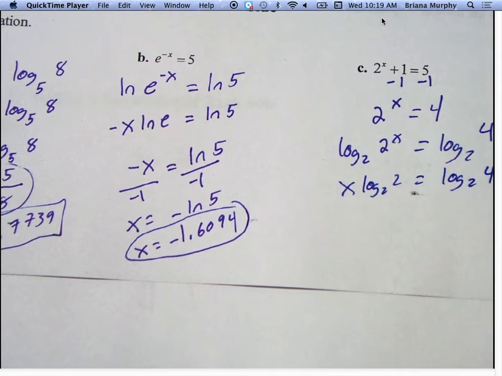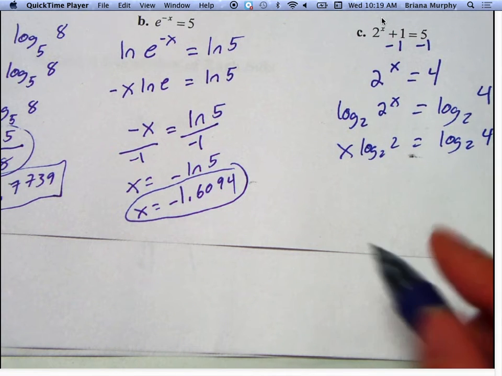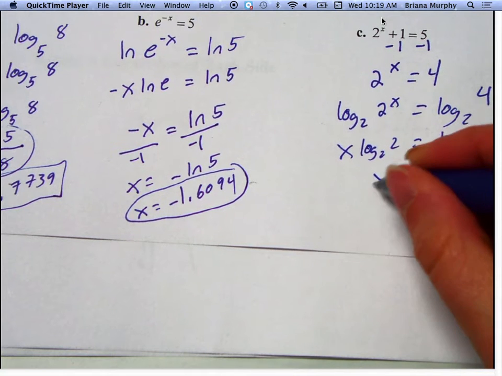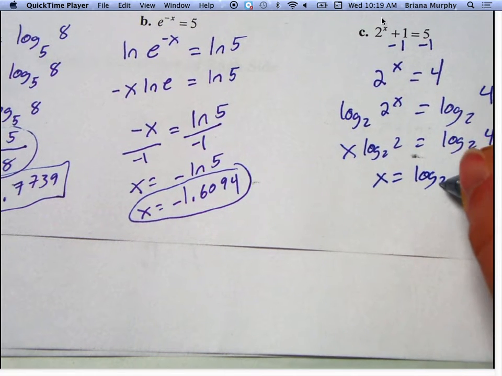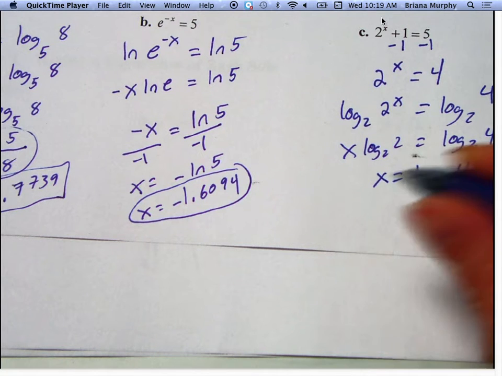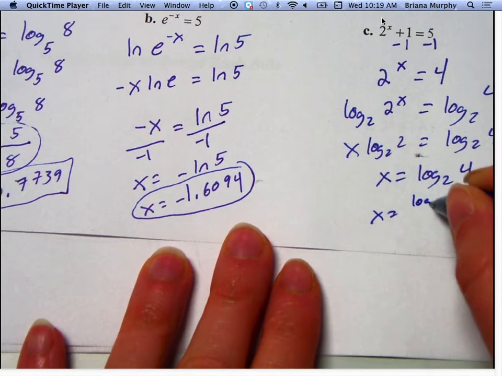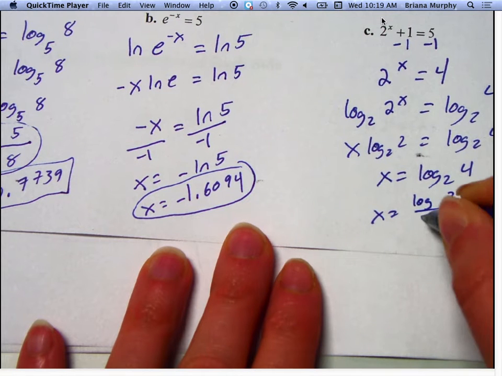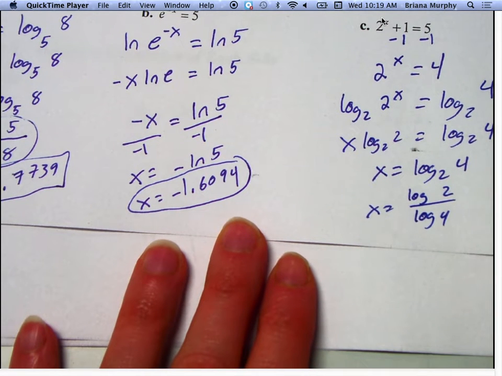And then since log base 2 of 2 equals 1, you just do x equals log base 2 of 4. Yep. And then you would do x equals log of 2 over log of 4. And you get x equals 0.5 or 1/2. Perfect.